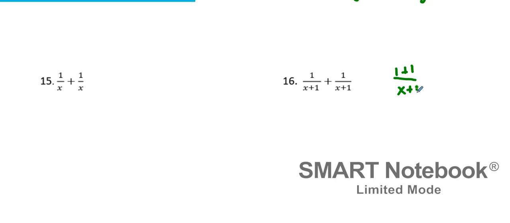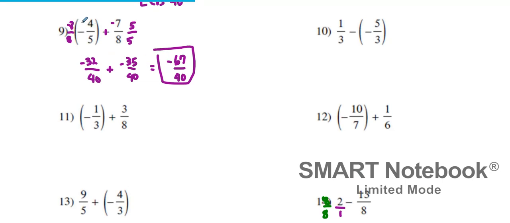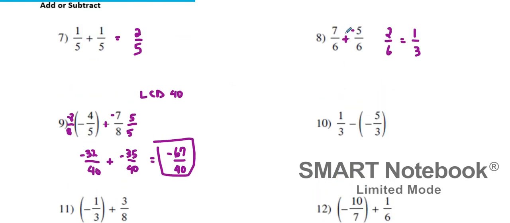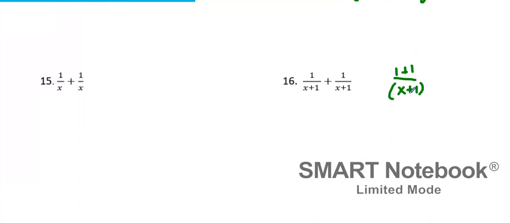Just in the same way, x plus 1 is a single number, just in the same way I've done any of these. I did 7 minus 5 over 6, and I'm going to do 1 plus 1 over x plus 1. So the answer is 2 over x plus 1.